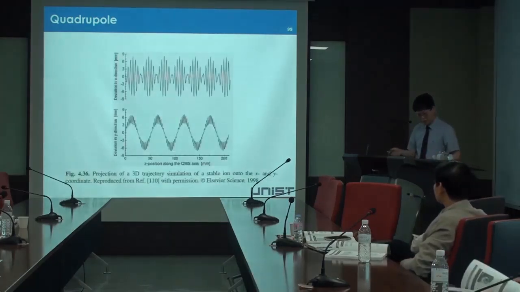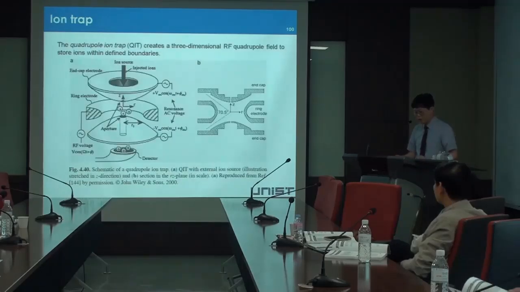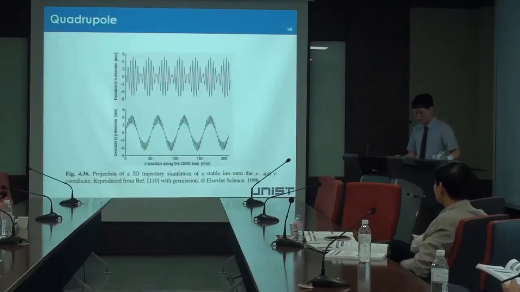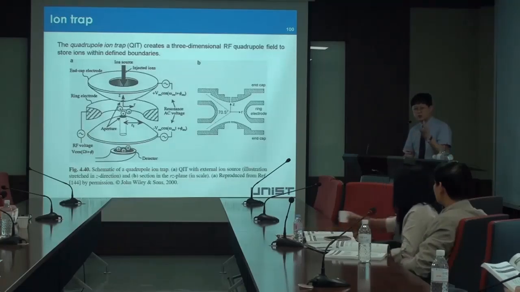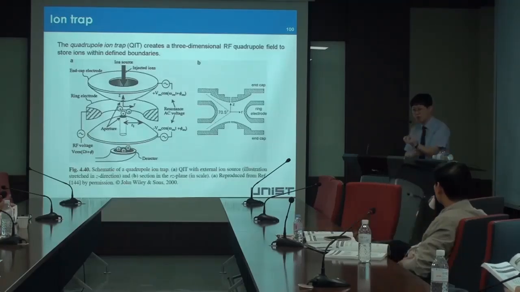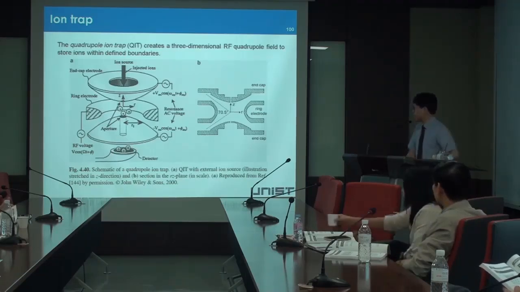Okay, so the ion trap principle is very similar to a quadrupole, but the ion trap is a 3D structure, a smaller type of ion source.